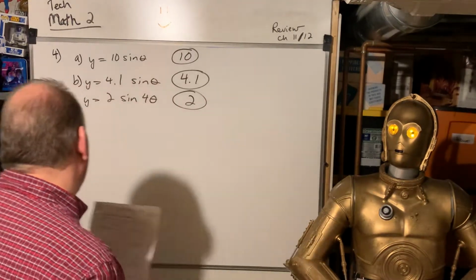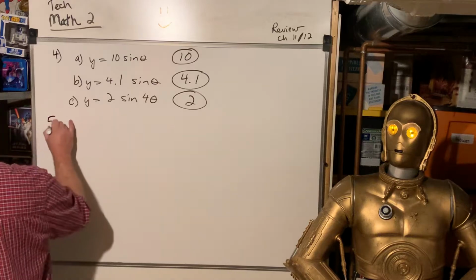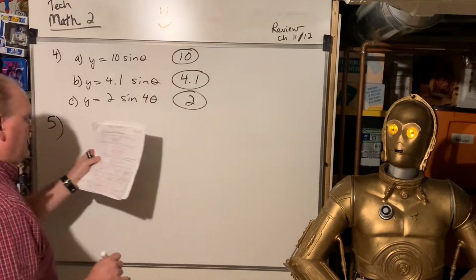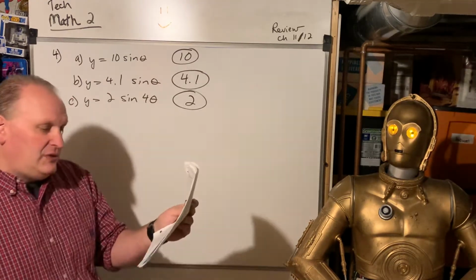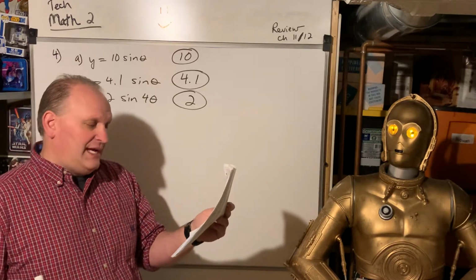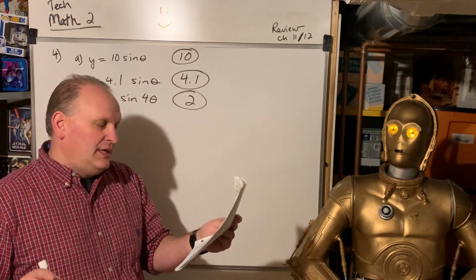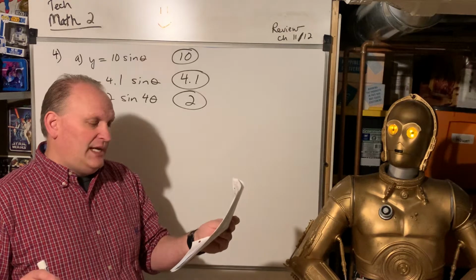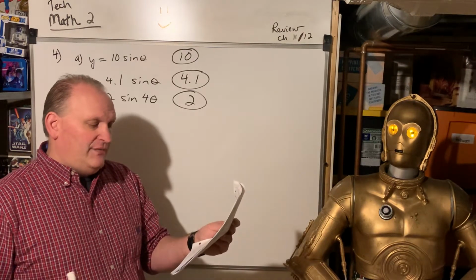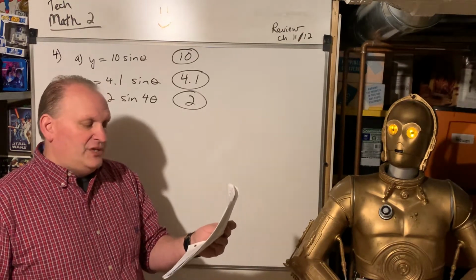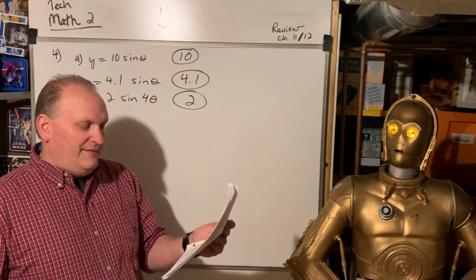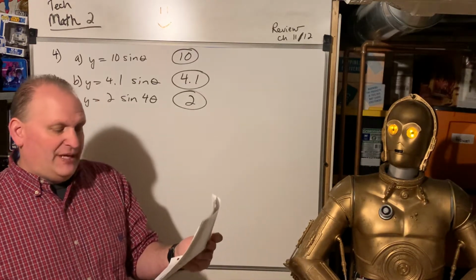Just be aware. Number 5, write the equation using y and theta of a sine wave with amplitude of 4.7, which has a phase angle of -30 with the fundamental sine wave.